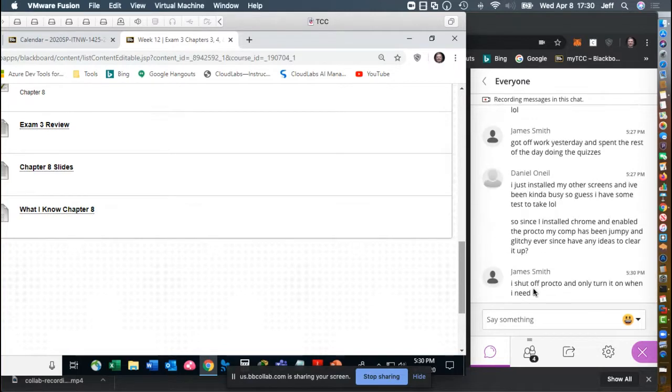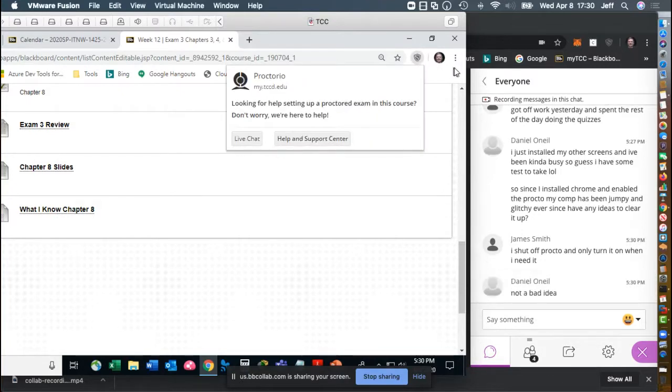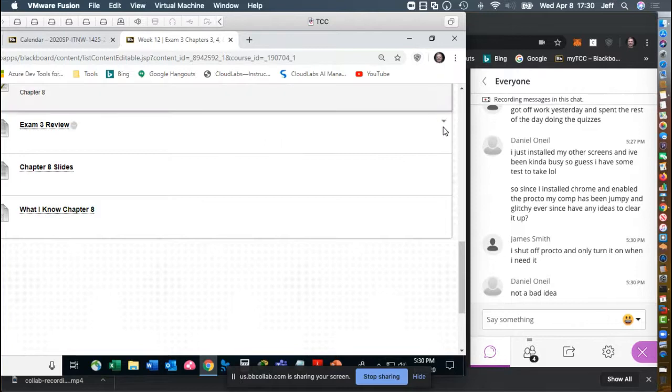But yeah, I'd shut it off and only turn it on when needed. Okay, that's a good suggestion. Yeah, because you shouldn't be doing anything else but the exam. So just turn it off and on. That should work, right? Yeah, exactly. It's a very good idea, because you only need it when you're taking the exam.